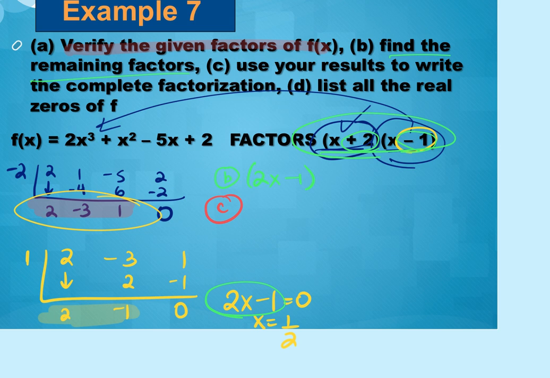This is all 3 factors. So x plus 2 times x minus 1 times 2x minus 1. And D says list all the real zeros of f. So I get negative 2 and positive 1 from the factors that were given to me, and positive 1/2 from the last one I found.